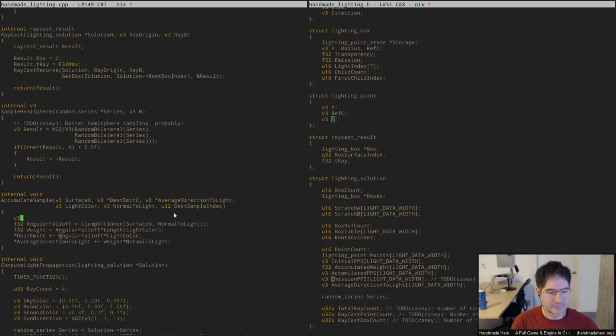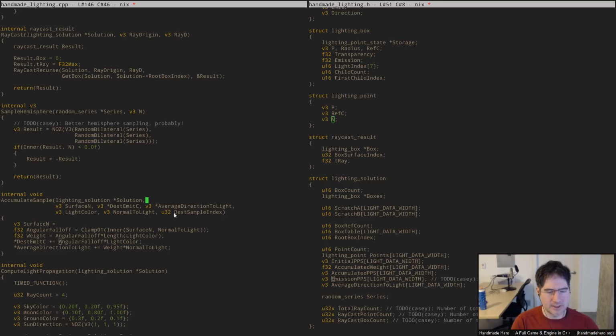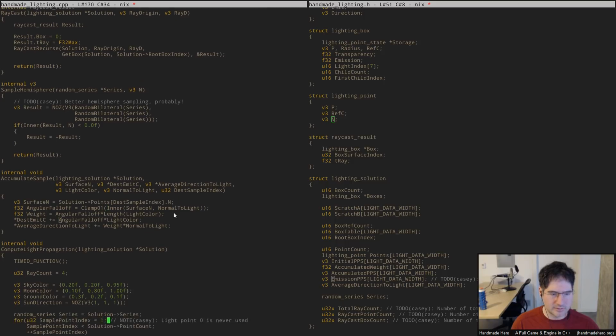If we just pass instead the lighting solution here, then we can say the solution points for the dest sample index is the surface normal that we're talking about here. The angular falloff is going to be the surface normal and the normal to light, right? And the normal to light will still get passed in. The weight is the length of that light color there, and that's good.